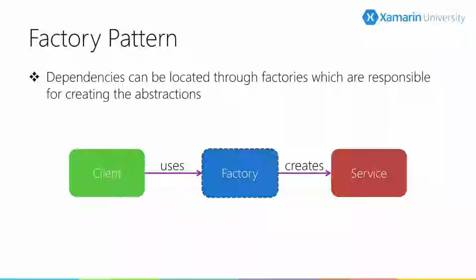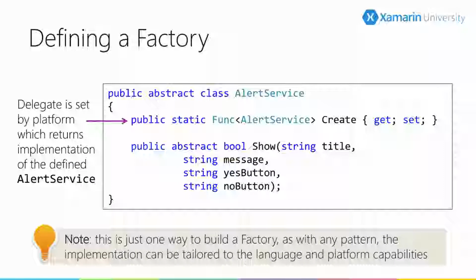And the factory, it will know the concrete implementation. It will know the concrete parts that it needs to build up this service, and it returns it to the client. Which also tells us that both the client and the platform where the implementation is taking place need to know the factory. So we will introduce a dependency to this factory here.